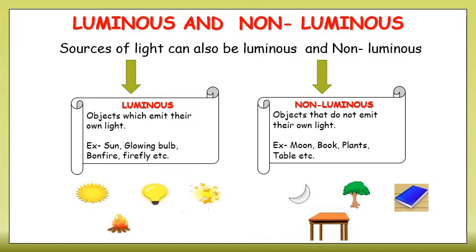For example, sun, stars, bulbs, tube lights, firefly, etc. While on the other hand, some objects do not emit light on their own. Such objects are called non-luminous objects. These objects become visible to us only when light falls on them from a luminous object. For example, moon, book, tree, table, chair, etc. Okay?